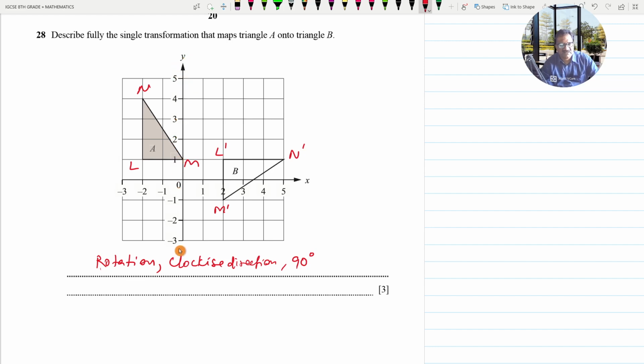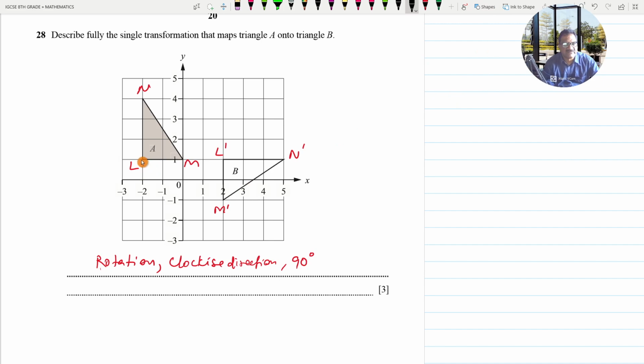Now if I take M and M dash, can you see this M M dash? Let me do that for you. I'm going to use a black ink.